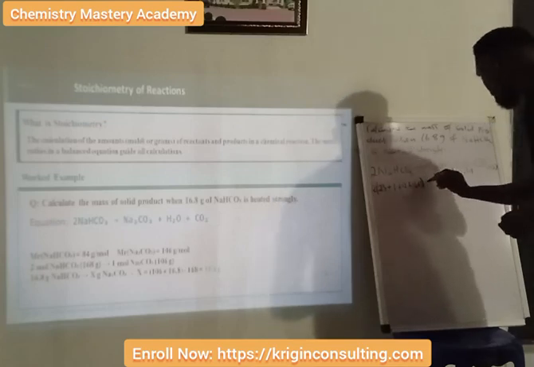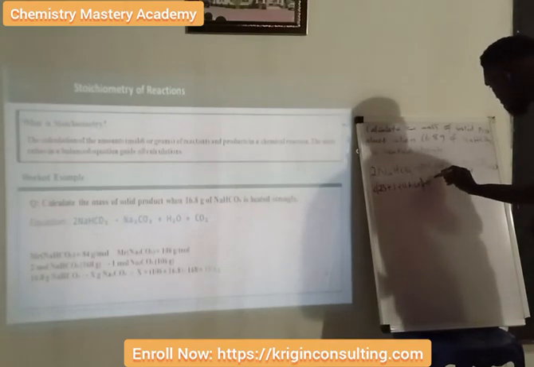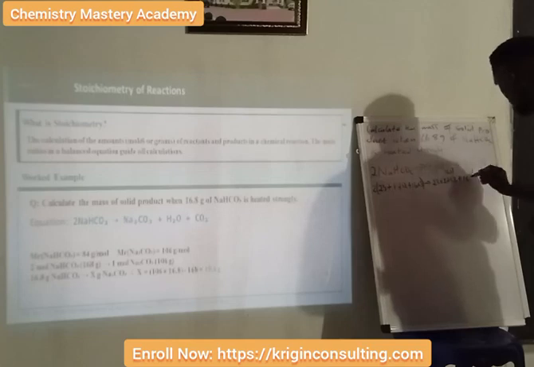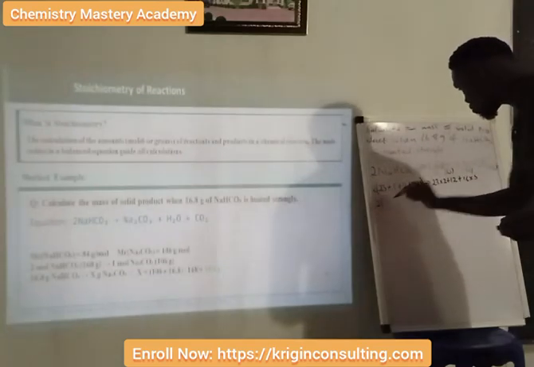That's for this. Then for this one, we have Na is 23 times 2, plus C is 12, plus O is 16 times 3.